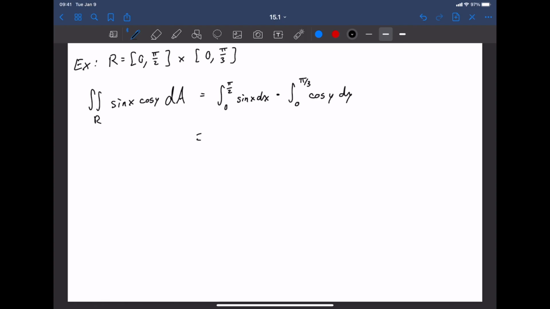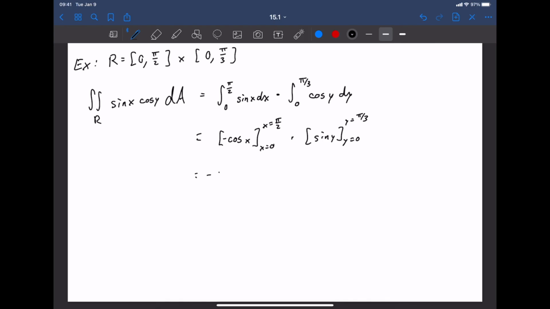You should feel free to try this out. Pause the video now and see if you get the right answer. It is just two a-to-b integrals, two Calc 1 integrals, so it should be straightforward. 3, 2, 1. Negative cosine x from x equals 0 to x equals pi over 2, times sine y from y equals 0 to y equals pi over 3.